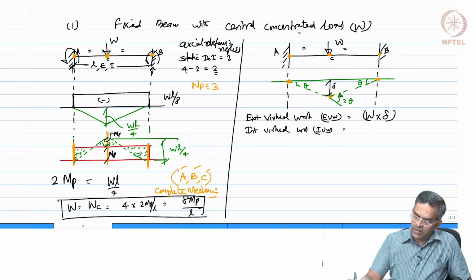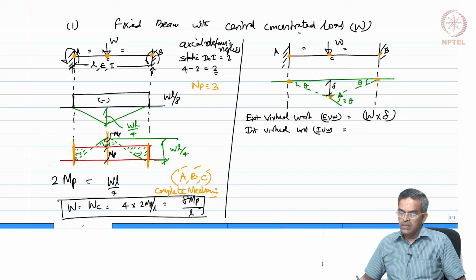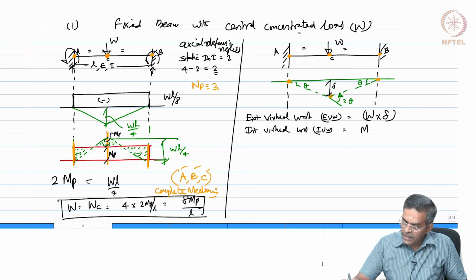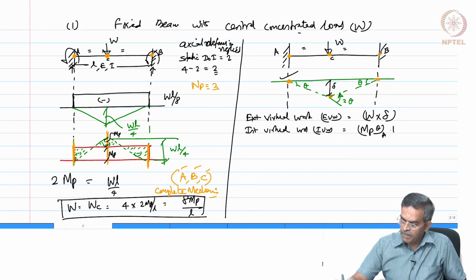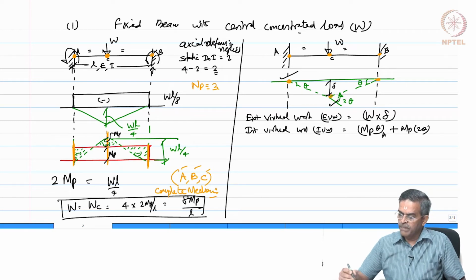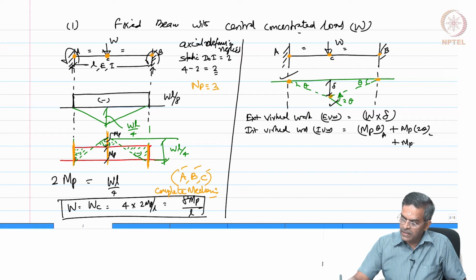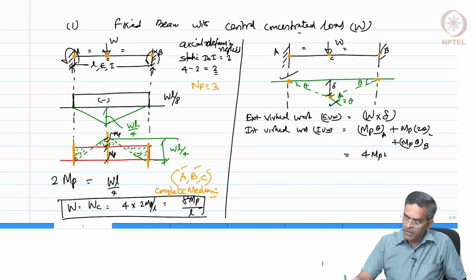Internal virtual work will be the work done by the plastic hinges and its rotation, which will be MP into theta, which is at A, plus MP into 2 theta, which is at C, plus MP into theta at B, which gives me 4 MP theta.